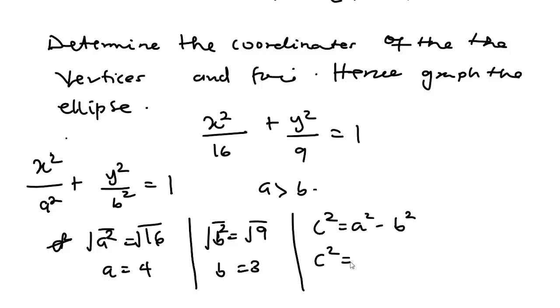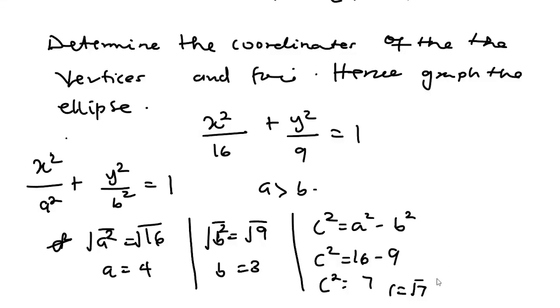So c squared, we got a squared is 16 minus 9. So we have c squared being equal to 7. So our c will go to root of 7.